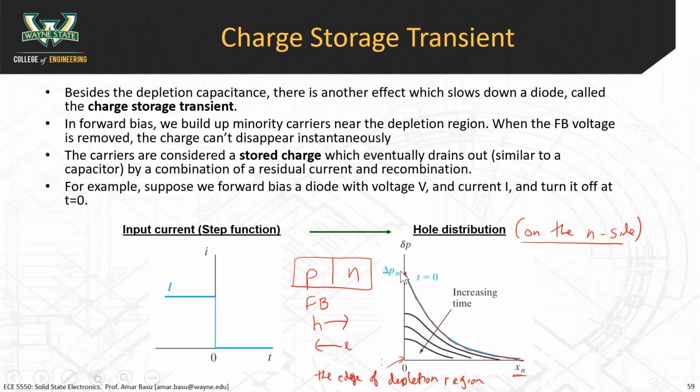This is what the carrier distribution looks like at time equals 0. Over time, it gets less and less until at some point it becomes a flat line like this. Those excess carriers disappear. The rate of decay is e to the negative t over tau, where tau is the carrier lifetime.